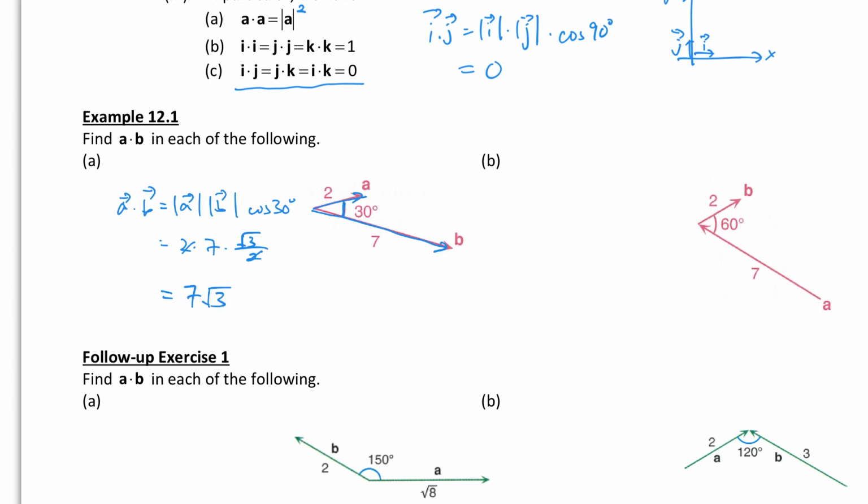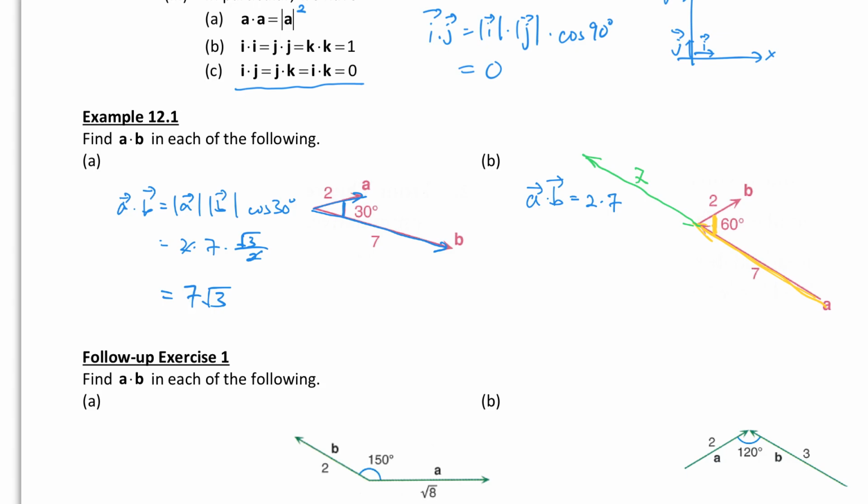How about part B? I also want to find A dot B. A dot B is equal to 2 times 7, magnitude A times magnitude B, times this angle. Remember, it is not the angle between the two tails. So we need to move this vector A to this position. Its magnitude is also equal to 7.